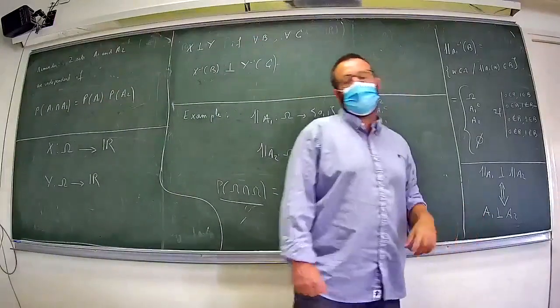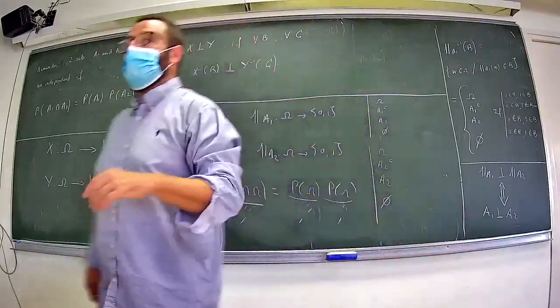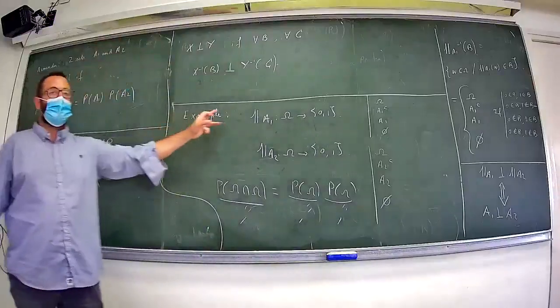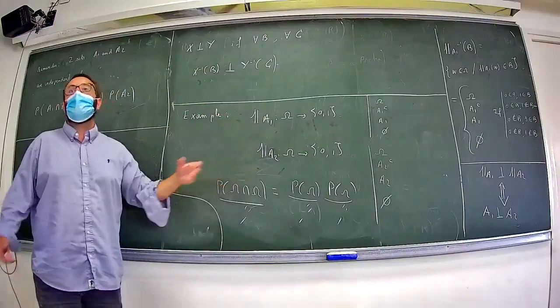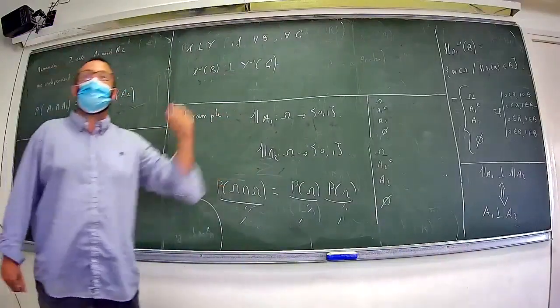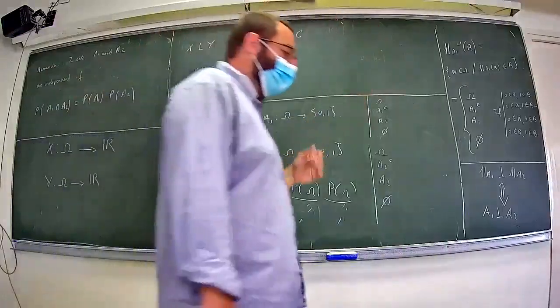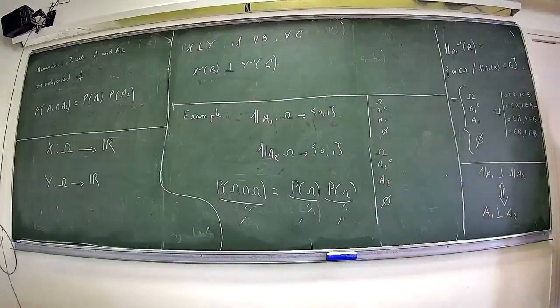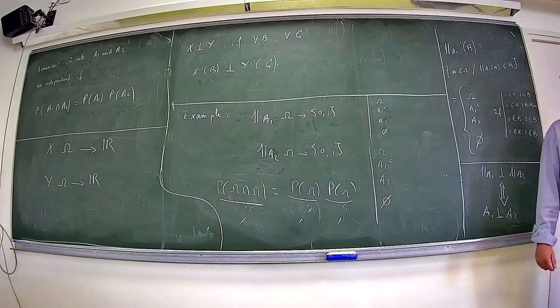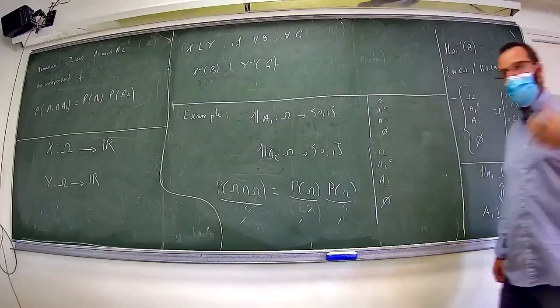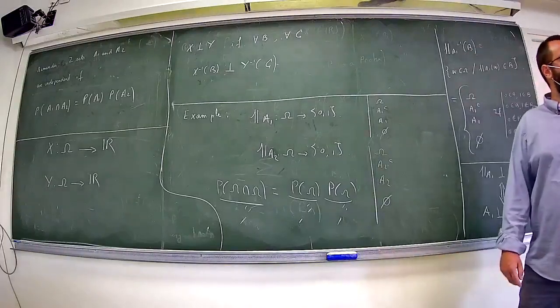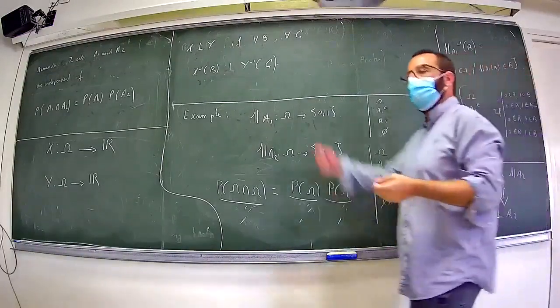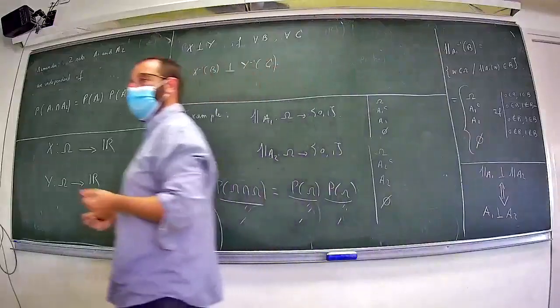But of course, for more complex random variables than this one, you will have to do more to consider all the possible preimages that may be tricky to find in some examples. But don't worry, because in a few sessions we will have more tools in order to prove independence of random variables that are easier to check than considering all the possible preimages.